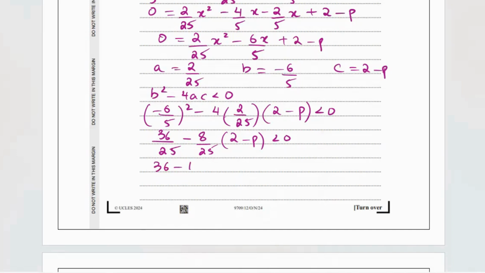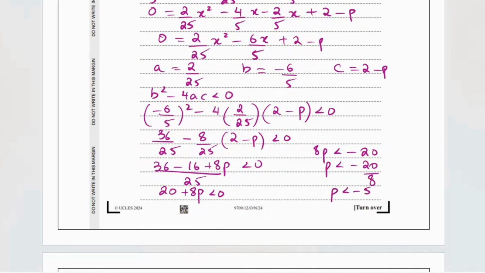So 36 minus 16 plus 8b over 25 is less than 0. So 36 minus 16 is 20. 20 plus 8b is less than 0. So 8b is less than negative 20. b is going to be negative 20 over 8, and that simplifies to negative 5 over 2. So p is less than negative 5 over 2.